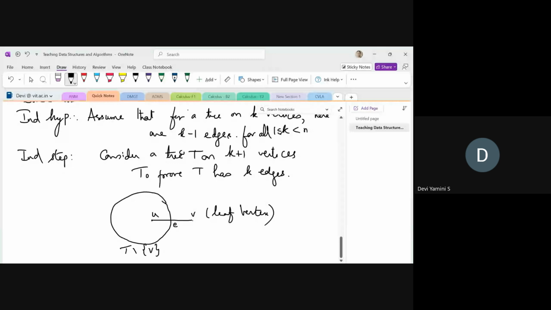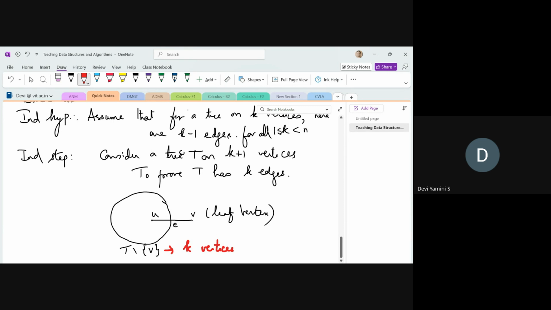How many vertices will T minus V contain? Can anyone tell me? Initially, it contained k plus 1 vertices. We have deleted one vertex. So how many vertices will it contain? K vertices. Initially, we had k plus 1 vertices.